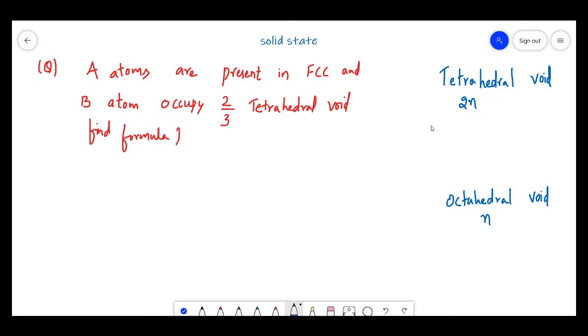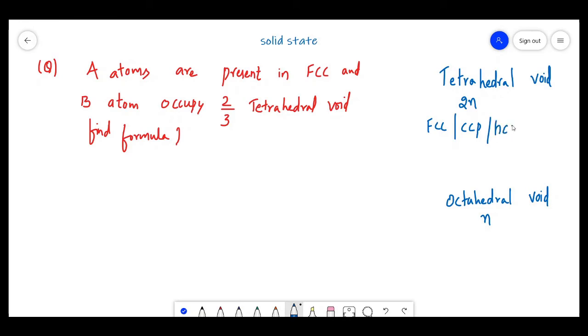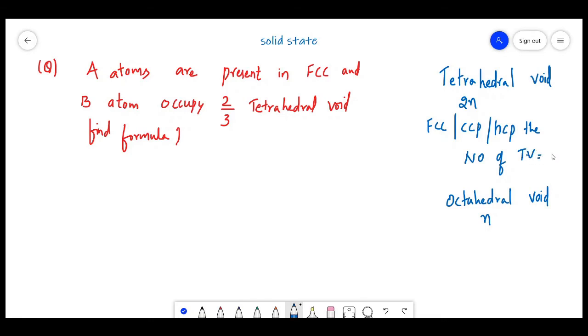So for all FCC, face-centered cubic or cubic close packing and hexagonal close packing, you remember the number of tetrahedral voids will be equal to 8.